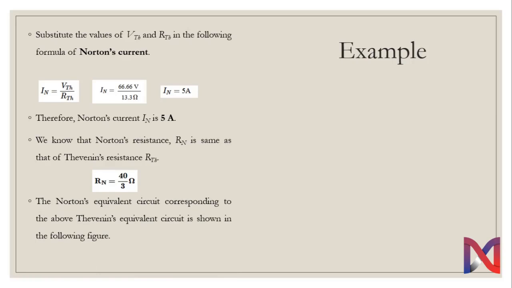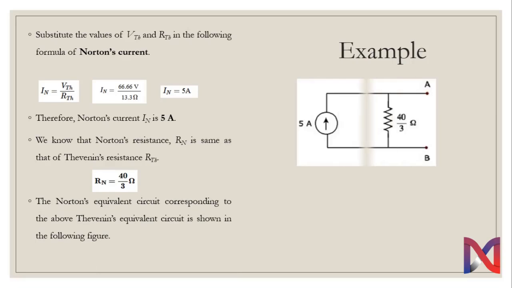The Norton equivalent circuit corresponding to the above Thevenin equivalent circuit is shown in the following figure. Here we have a 5 ampere current source connected in parallel to a 13.3 ohm Norton equivalent resistance.